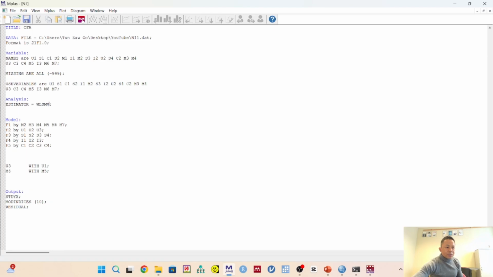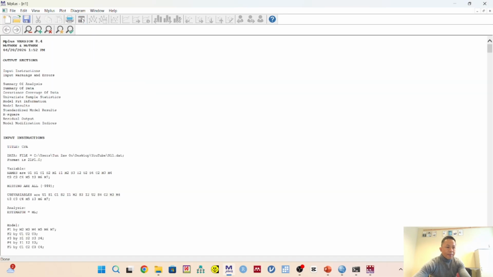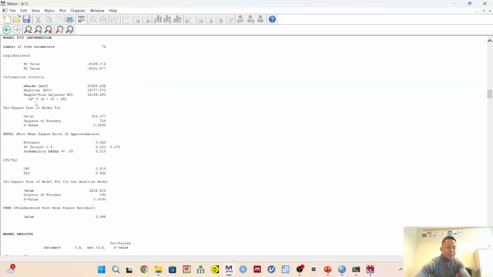Estimator: I use MLR because this is a Likert scale. For now I will use this ML. This is normally distributed, continuous data. I will save it and run again. Model fit information: CFI 0.919. Somehow just acceptable, not very good, not very strong.